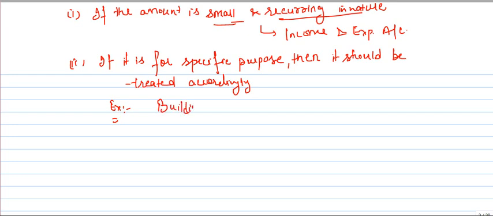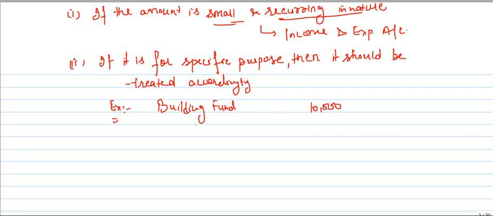Now, what is a building fund? That is, your NPO wants to construct a building. For that, they have set aside an amount that this will be used only for the construction of building. That is, they have created a fund. Fund is what? It is a cash only that is set aside for a particular purpose. Now, the purpose here is the construction of building. You are having a building fund of say 10,000 rupees.